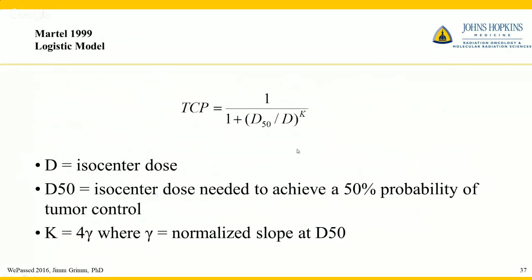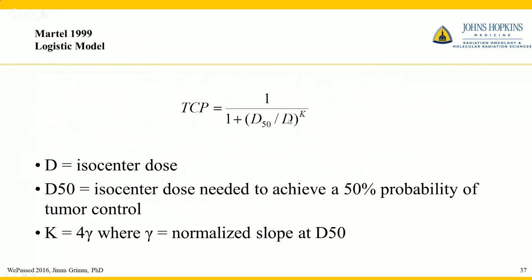So this is the logistic model, and it's an inverse relationship. D50 is the dose needed to achieve a 50% probability of tumor control, and D is the dose that's going to be on the x-axis. In this case, it's the isocenter dose. A lot of times you would use like 95% coverage dose or 90%.